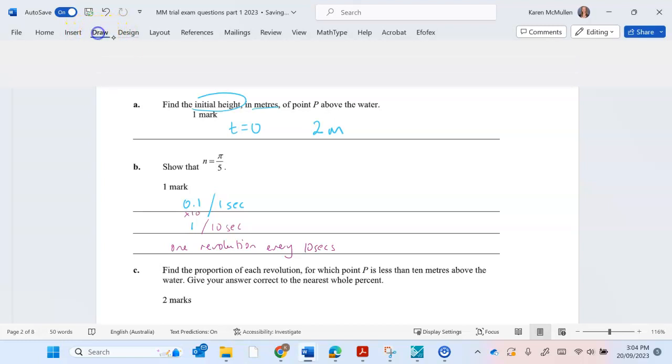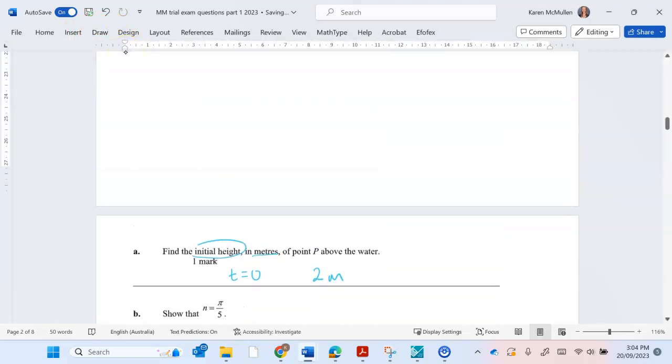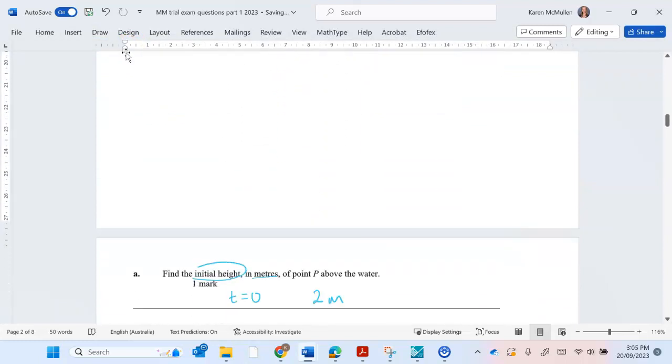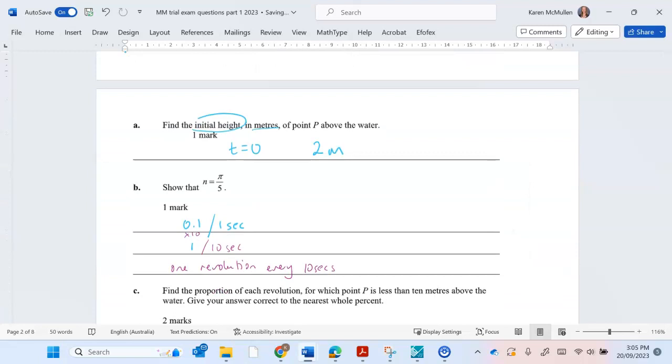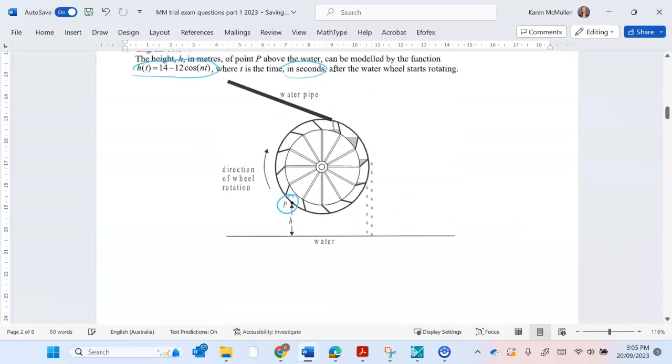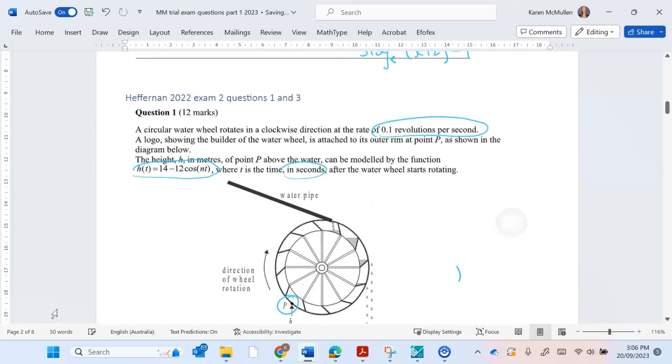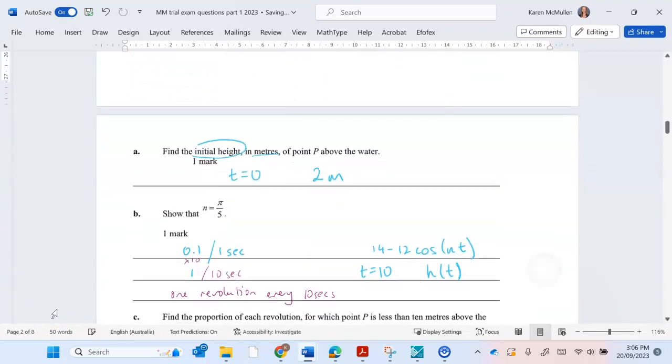Go back to blue. 14 minus 12 cos n t. Sorry, I just need to write down the function. So when t equals 10, your h(t) is back to its original spot.